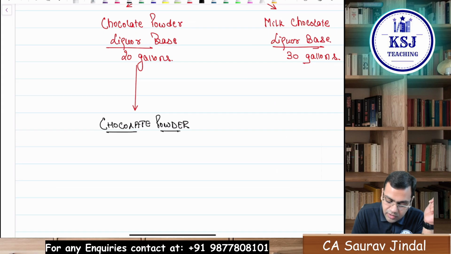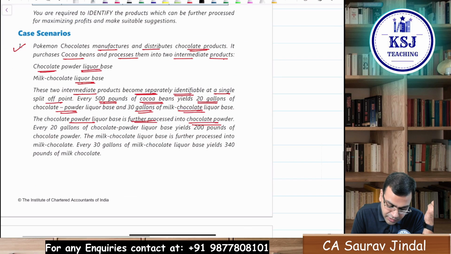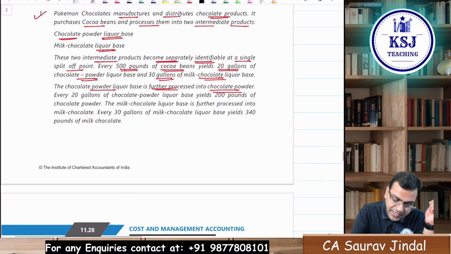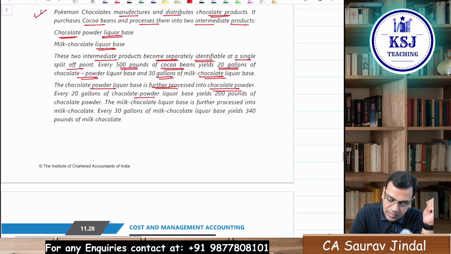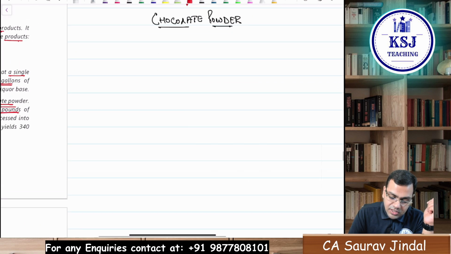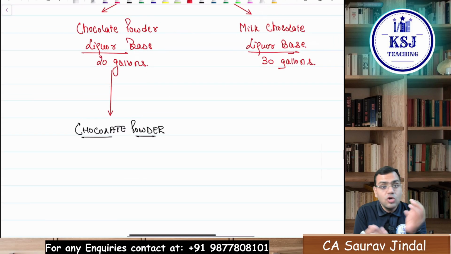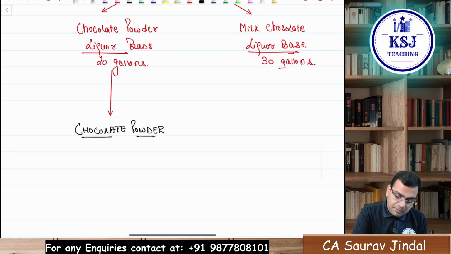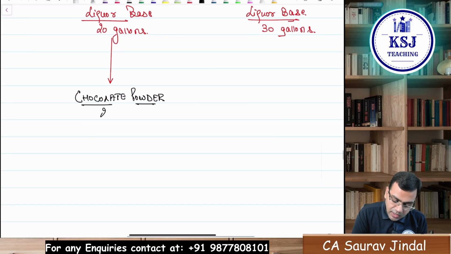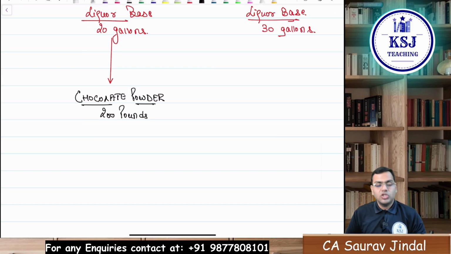Every 20 gallons of the chocolate powder liquor base yields 200 pounds of the chocolate powder. So this 20 gallons of the liquor base, you process it further, and how much chocolate powder will you get? You will get 200 pounds of the chocolate powder.